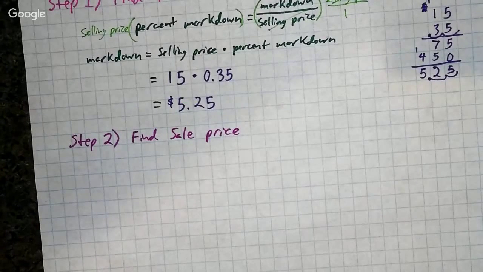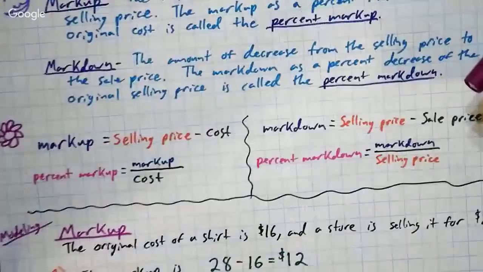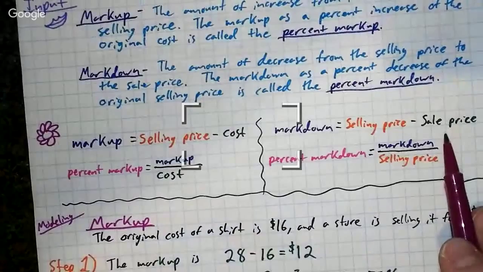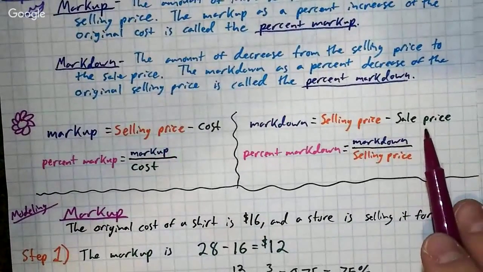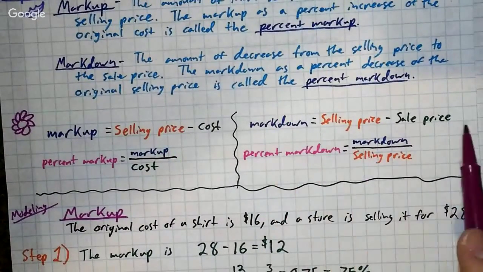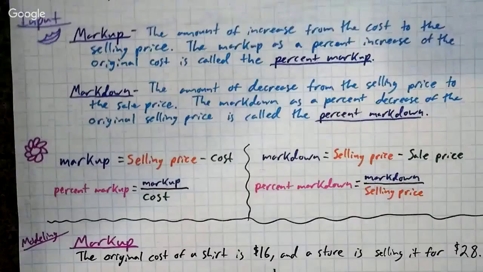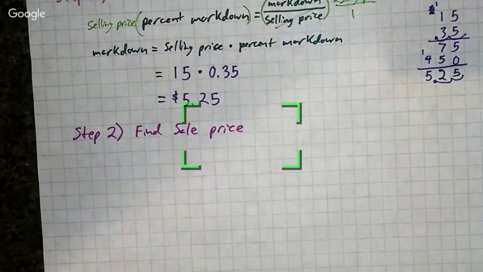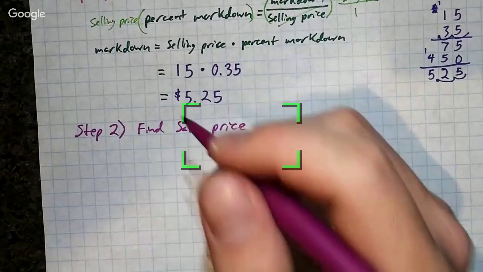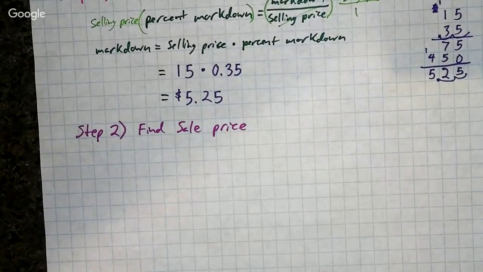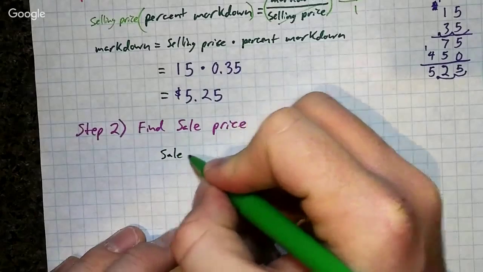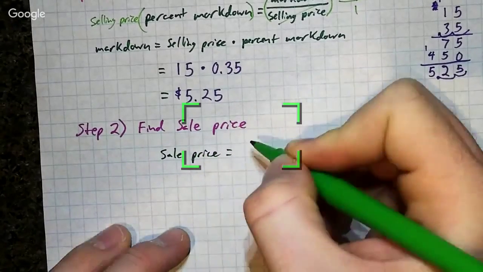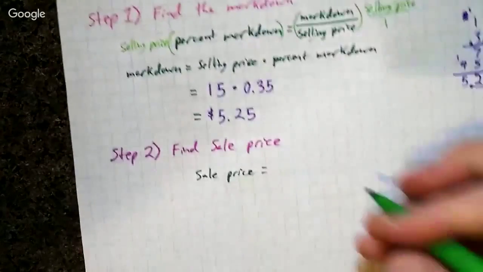So this one's going to be pretty simple. To find the sale price, let's look at what we have over here. To find the sale price, we need to use this equation, right? So let's go ahead and fill that in. The sale price is going to be what it's selling for minus its markdown.